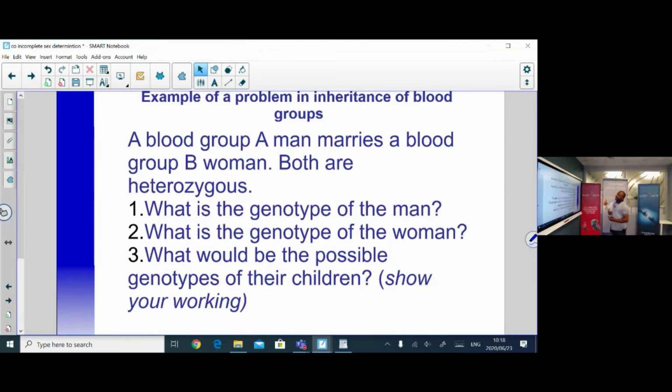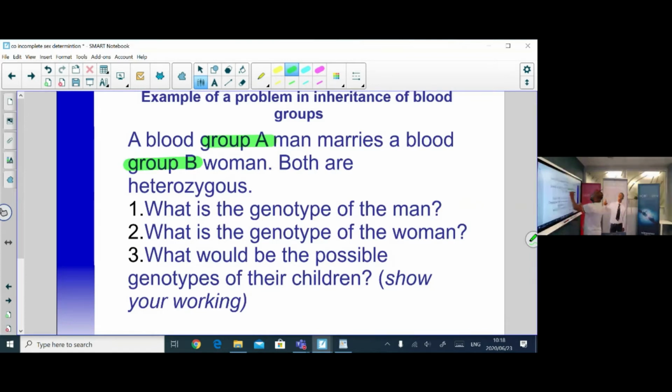It's an inheritance of blood groups problem. A blood group A man marries a blood group B woman, and both are heterozygous. A is the phenotype, B is the phenotype.